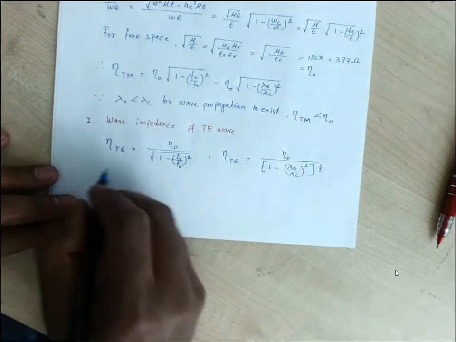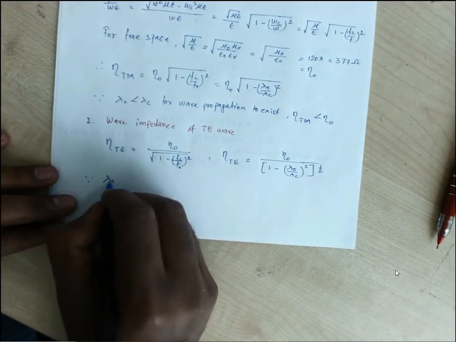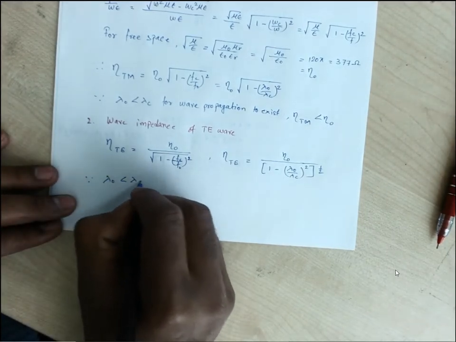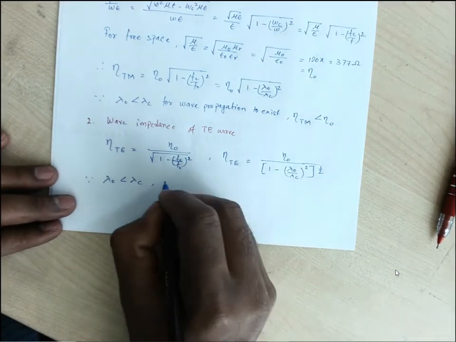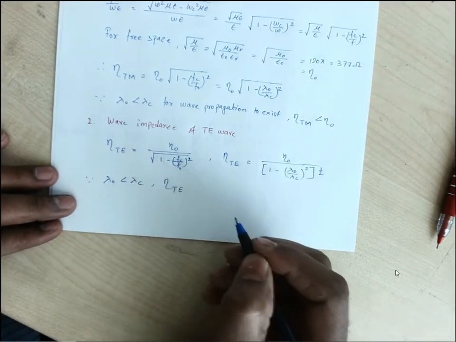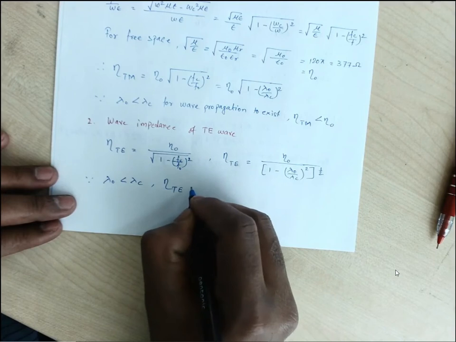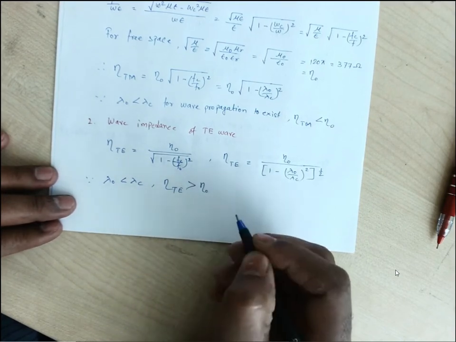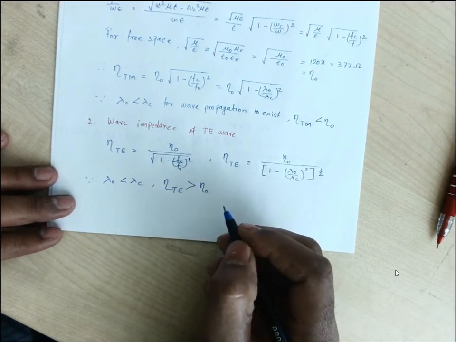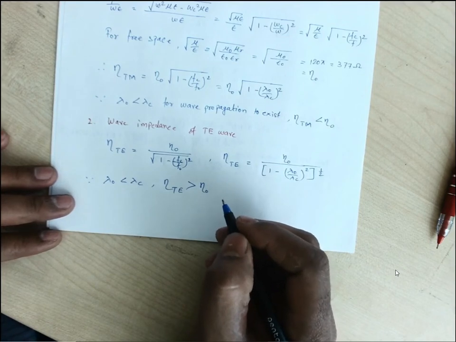Here again, since lambda naught is less than lambda c, the intrinsic impedance for the TE wave should be greater than the free space intrinsic impedance.